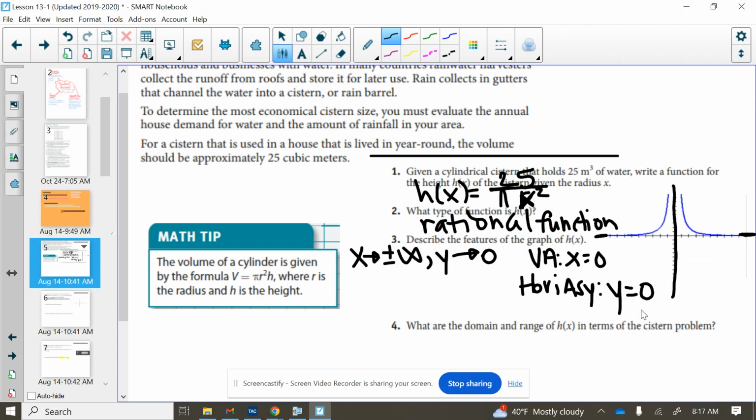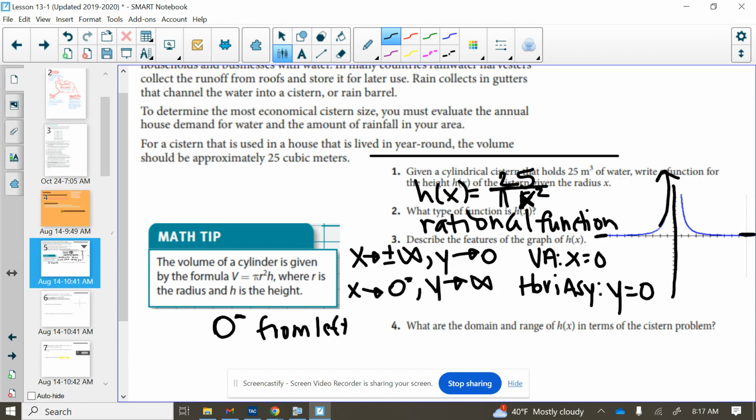And then there's also end behavior around our vertical asymptote, because we could say as the x's approach 0 from the left, so this little minus means from the left, we notice that our y values are going up to positive infinity.